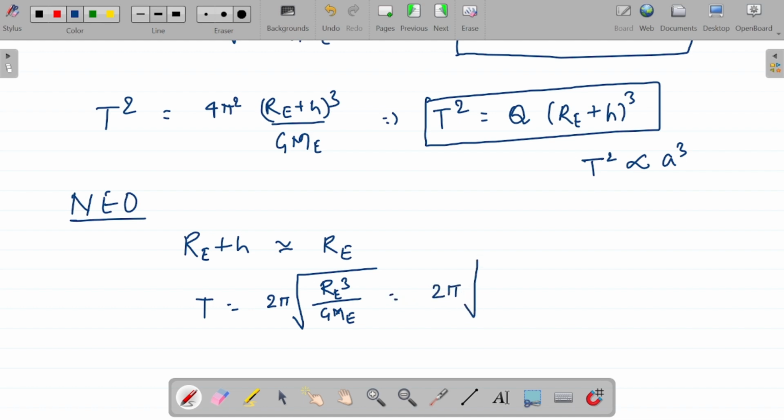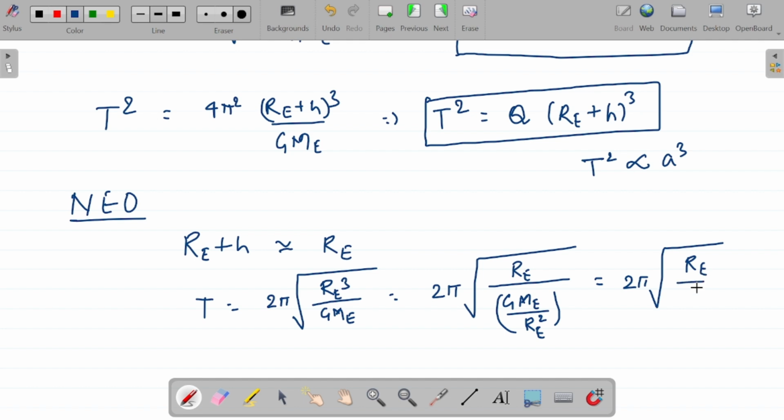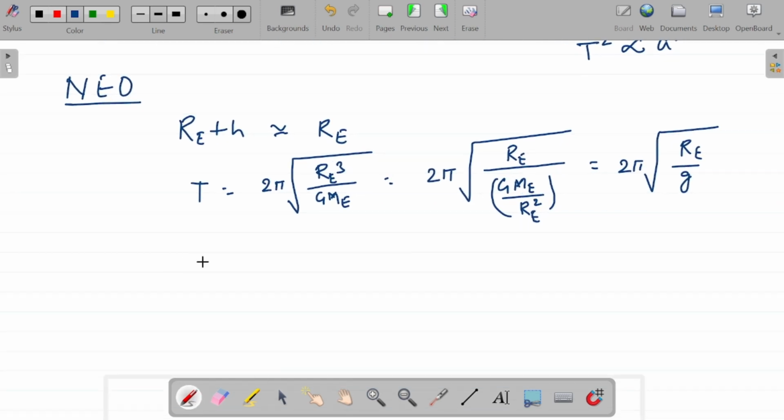If you observe carefully, we can write Re cube by G Me as Re divided by G Me over Re square. What I have done is divided both numerator and denominator by Re square. And then we will have 2 pi square root of Re by g. So the time period you can get in this way.